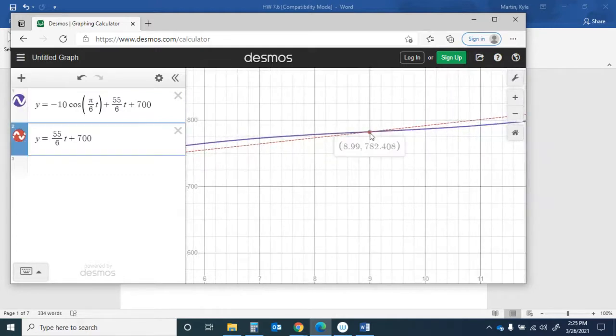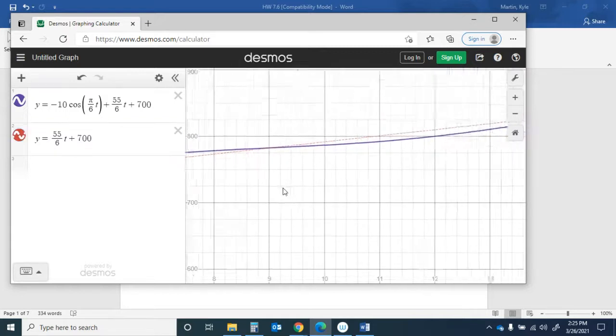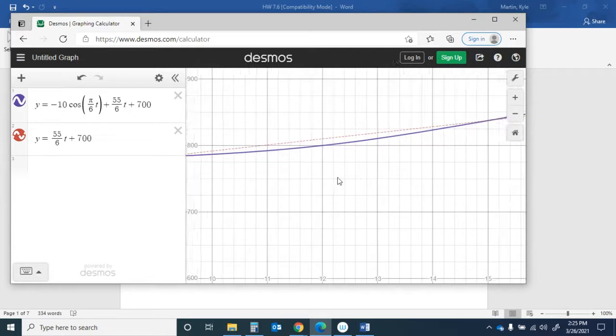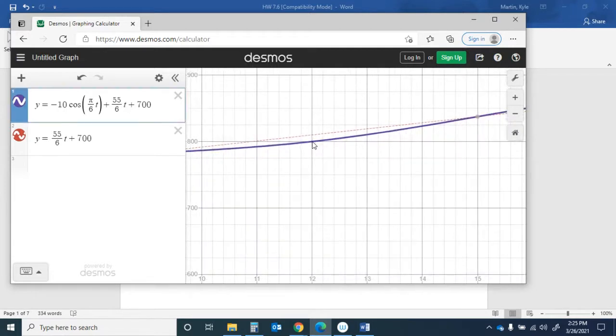All right, then at September 1, I'm back to the average, so they're the same. So the population is equal to the average population. Then I'm rolling into a minimum at the end of the first year.